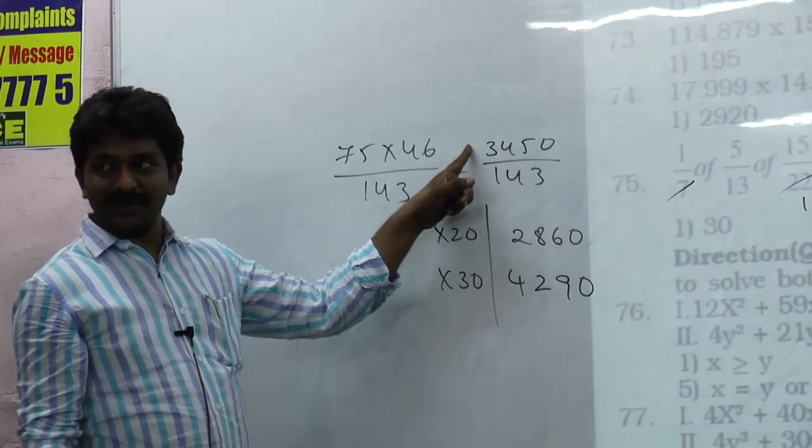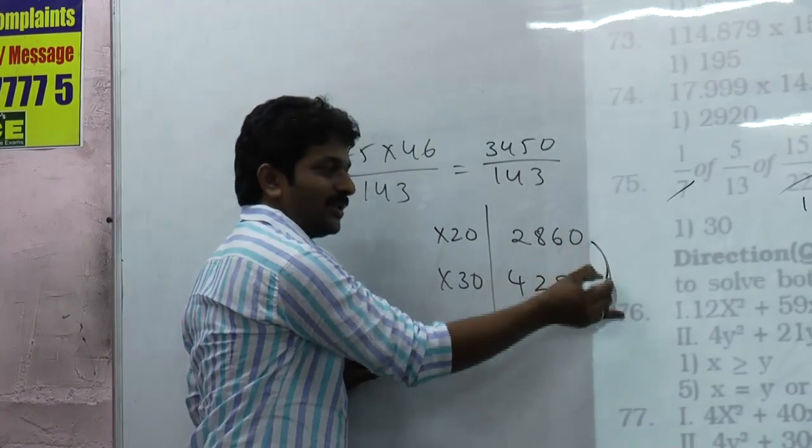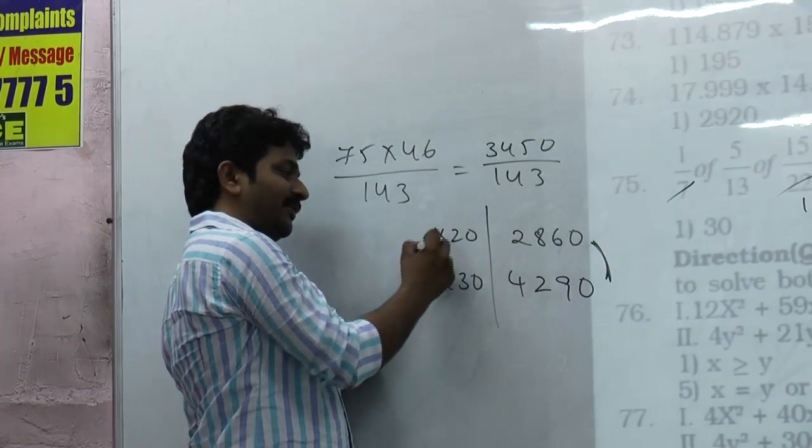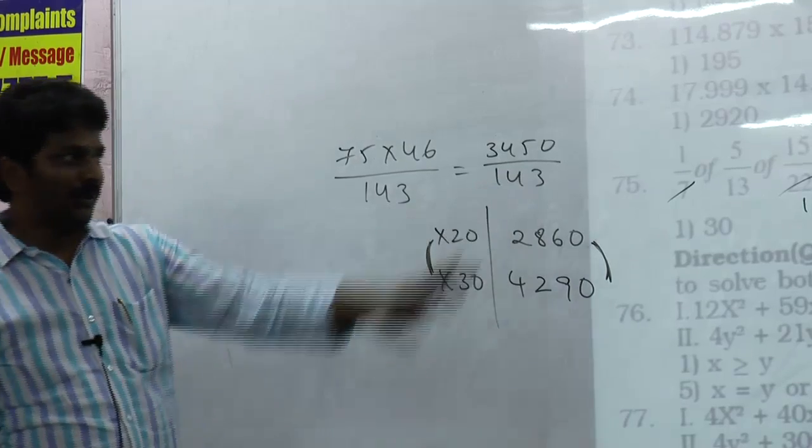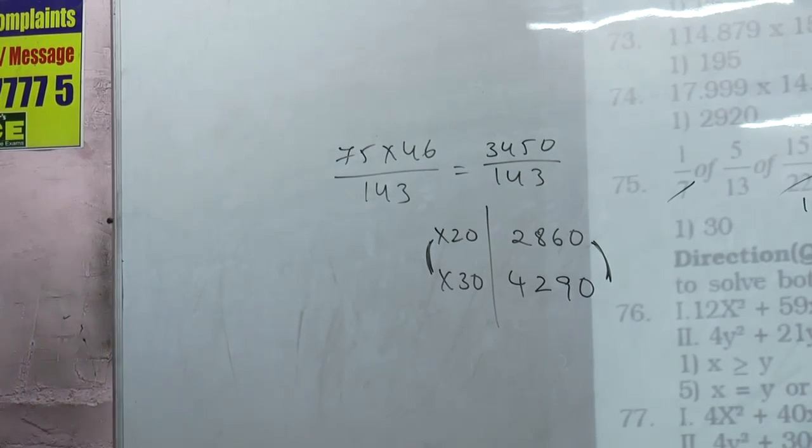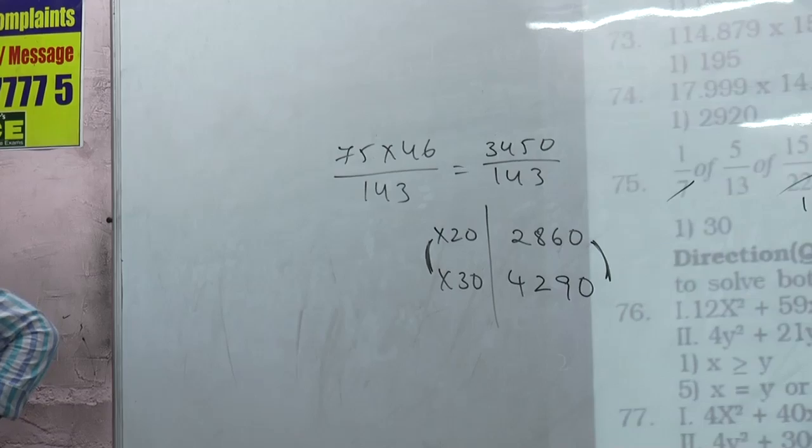But you have 3450. That is in between these two numbers. Answer should be in between 20 and 30. How many options are there? Only one. 24 final answer. Clear? 70, 60, 80, I think quadratic. You can do it, right?